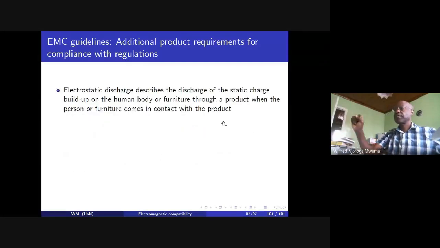So, electrostatic discharge describes the discharge of the static charge built up on the human body or furniture through a product when the person or furniture comes into contact with it.